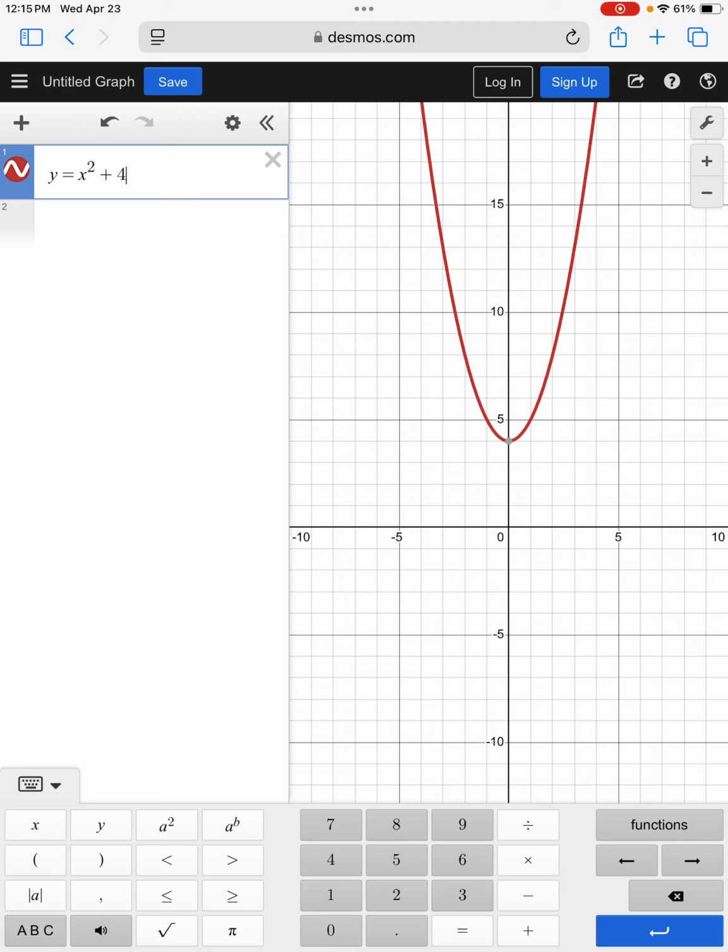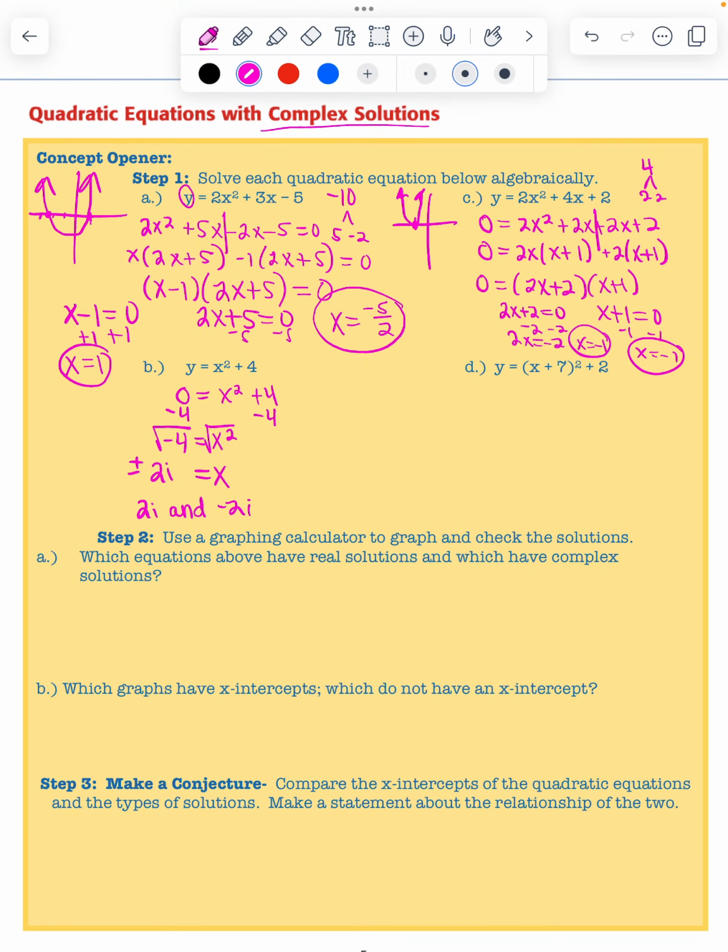But in this case, we do have to realize that in the complex world, in the imaginary world, we can still find solutions. So it would be 2i and -2i.